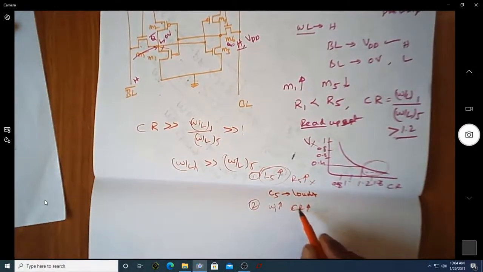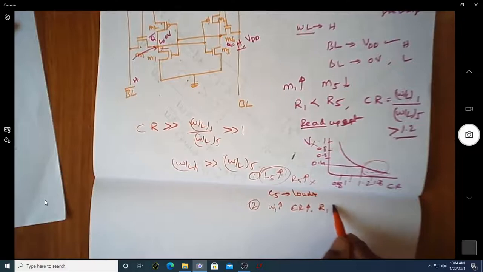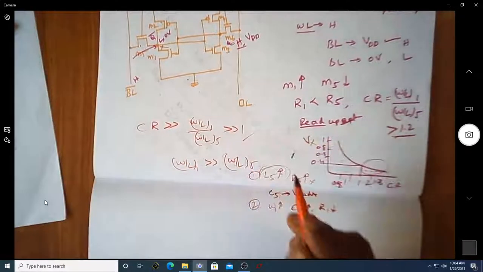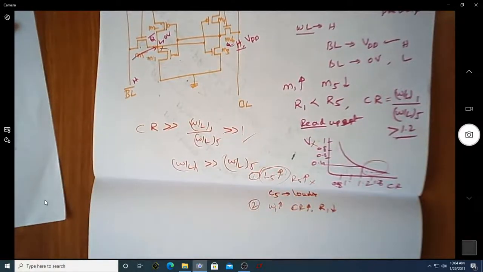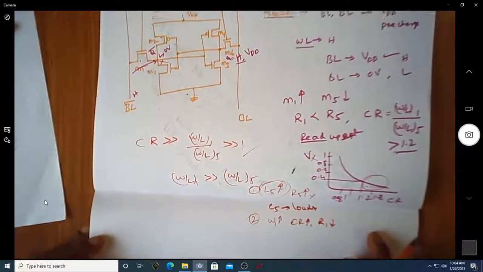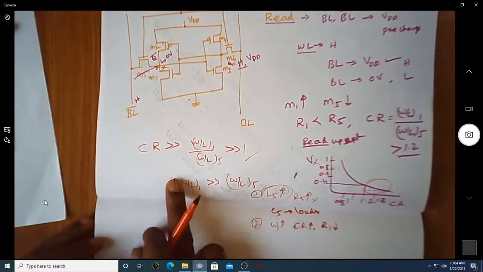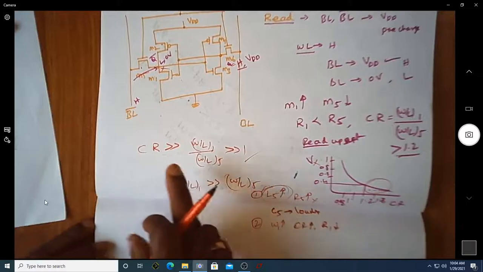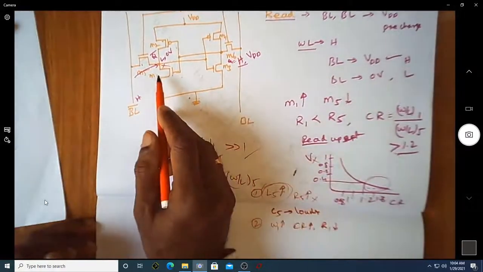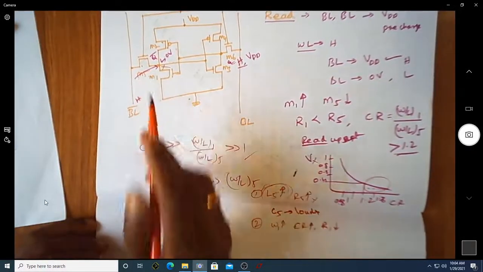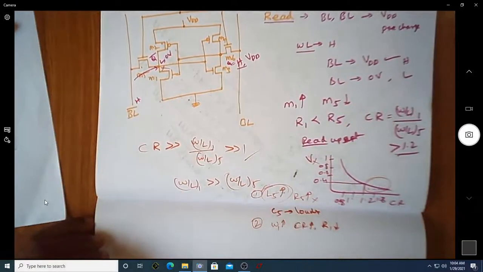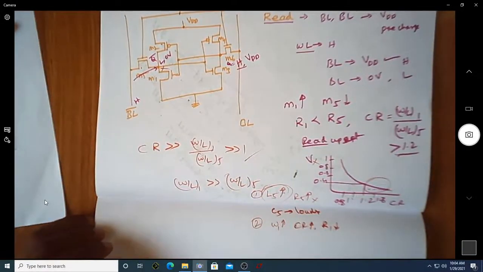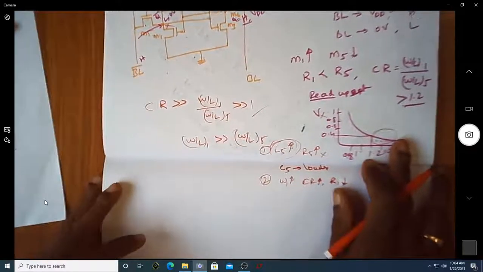As W1 is increased, the resistance offered by R1 reduces, so that you are able to achieve a larger CR value. This way we have to carefully size the transistors, so that M1 offers lesser resistance compared to M5. That will ensure that you are doing a proper read operation.